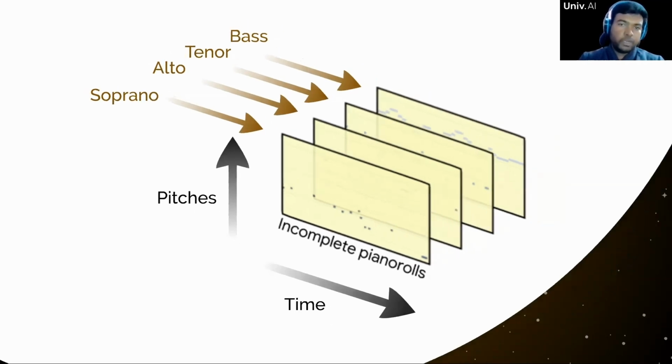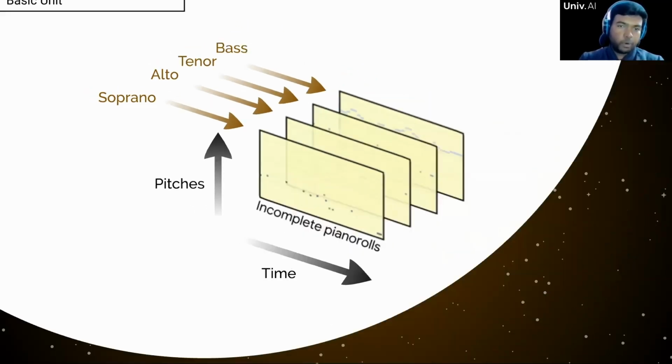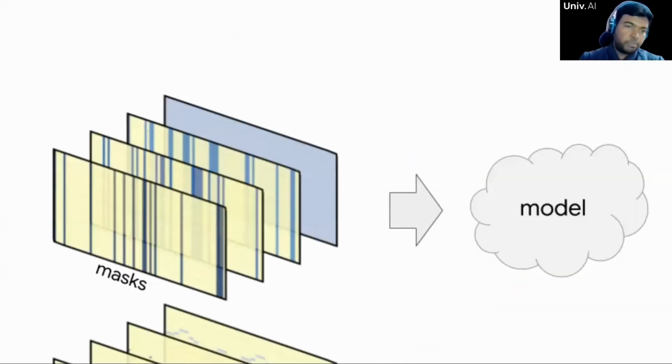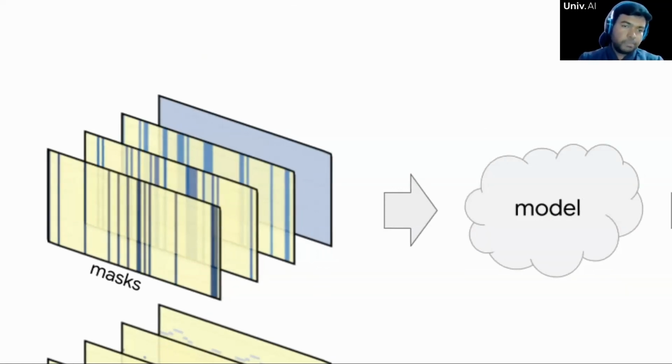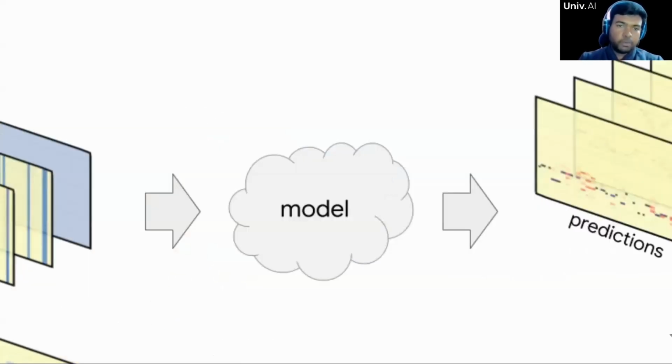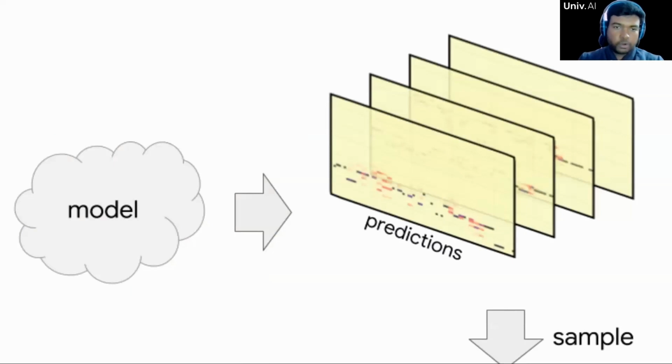Next, we added one additional channel per voice called mask, which indicates whether the pitch for that voice is known or unknown at that point in time. The resultant 8-channel feature map is then passed to our model, which produces the prediction probability distributions across different pitches over different times for different voices.